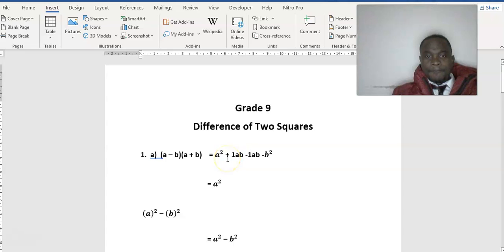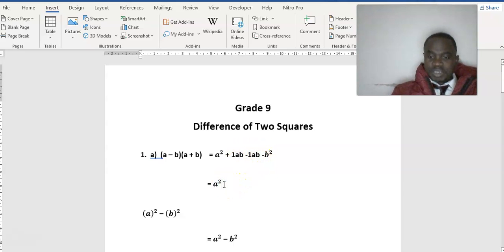Then 1 minus 1 is what? 0. Is that okay? So 1ab minus 1ab is also what? 0. Are we together? So here we are not going to write that one.